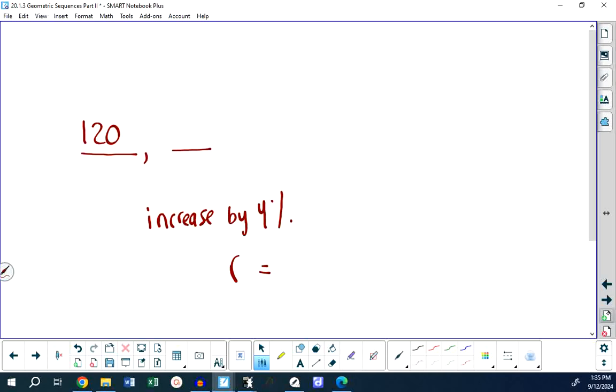Because we go 100%, we add 4%, that's 104%, which is 104 over 100, which is 1.04.